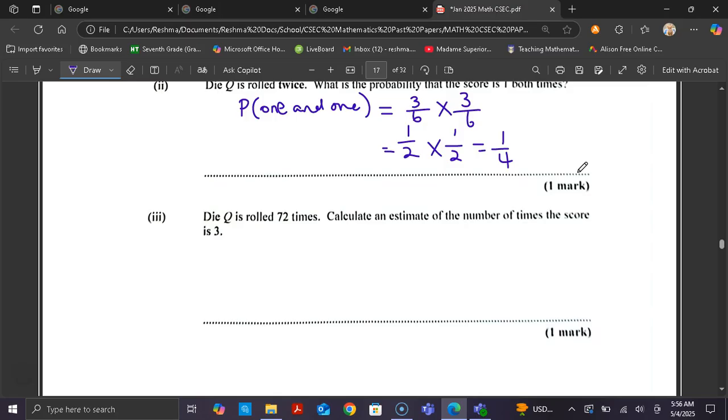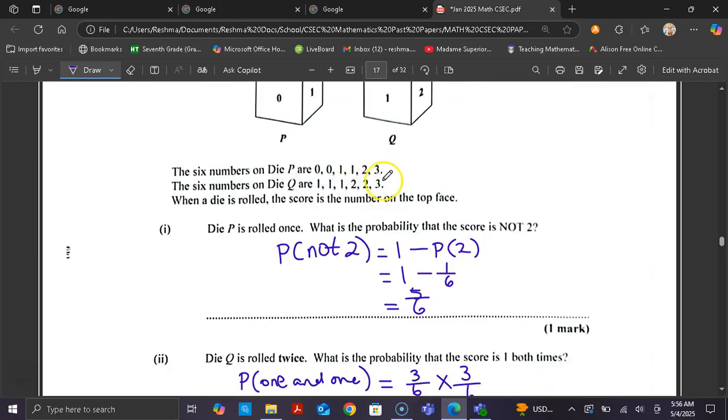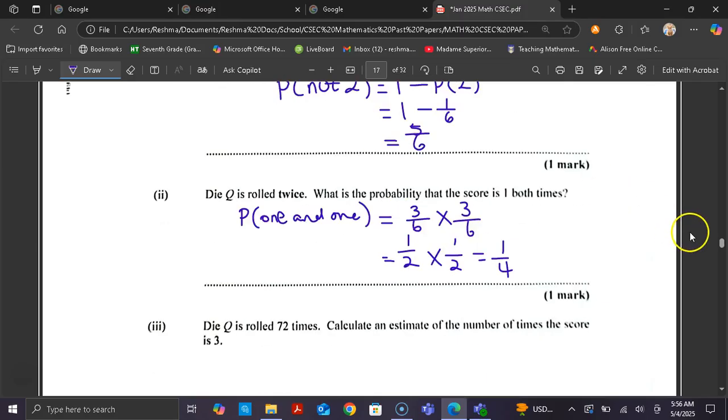Okay, part 3. Die Q is rolled 72 times. Calculate an estimate of the number of times that the score is 3. And this is worth 1 mark. So die Q only has one 3, so the probability of getting that 3 is 1/6.